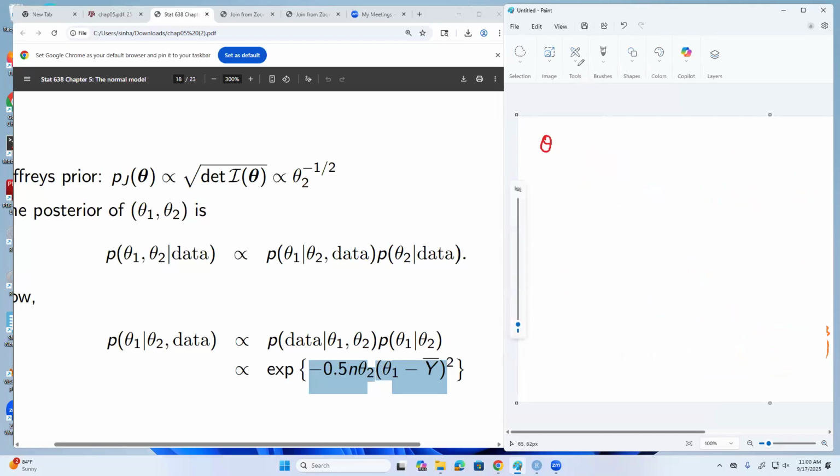So finally, theta 1 given theta 2 and data follows a normal distribution with mean y bar and variance 1 over n theta 2.